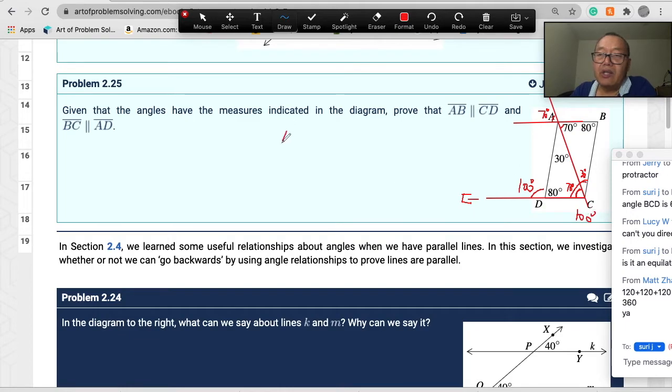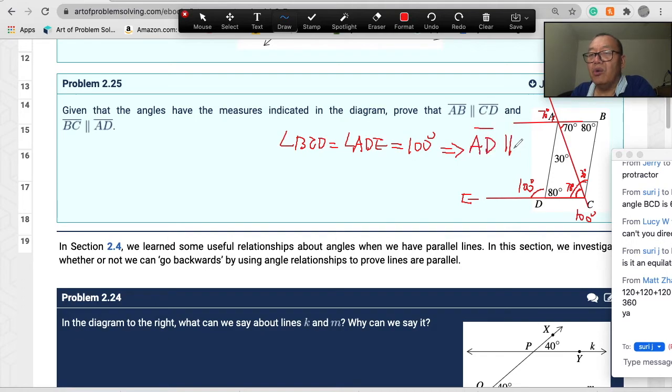This angle BCD equals angle ADE. They both equal 100 degrees. Now see the position of these two angles. They are corresponding angles. So from this we can get line AD parallel with line BC.